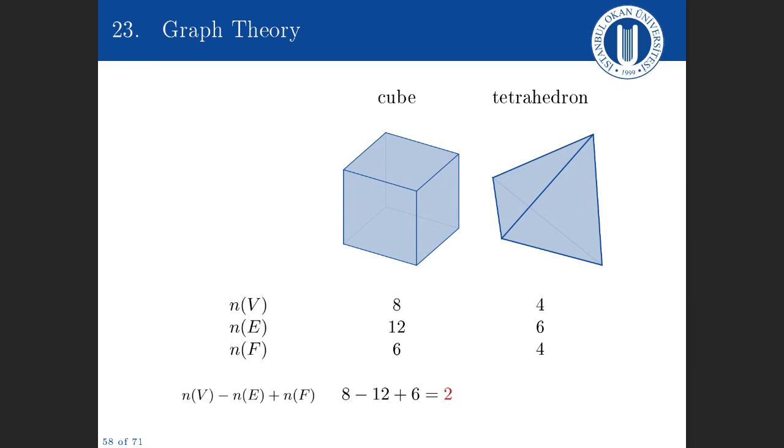That's the degree of all of the vertices, add them together, and then divide by 2. And a tetrahedron has 4 faces. Euler's formula is then 4 minus 6 plus 4, which is 2 again. Is that a coincidence? Let's keep going.